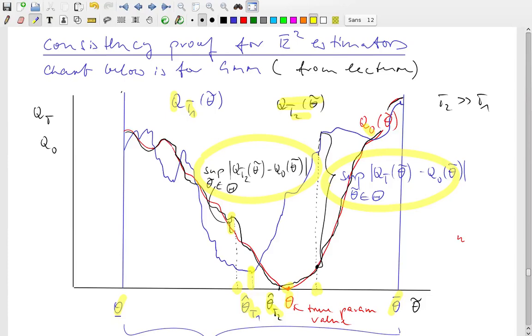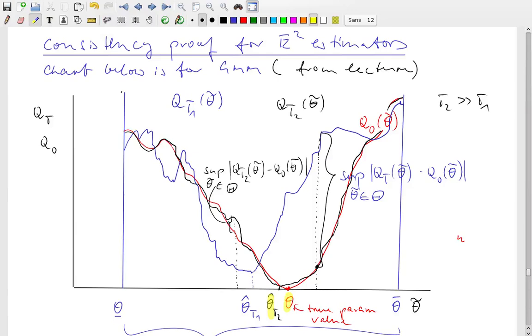Okay, I tried to explain this idea of uniform convergence in the lecture. What we're trying to do now is to formalize the idea that if you have such a specific uniform convergence, we can actually claim that consistency happens, such that the sequence of estimators, the theta hats, converge to the true counterpart theta.